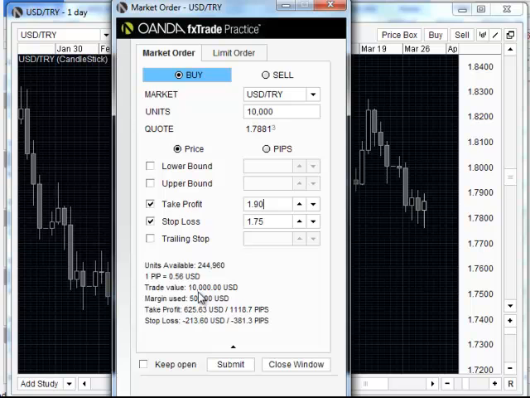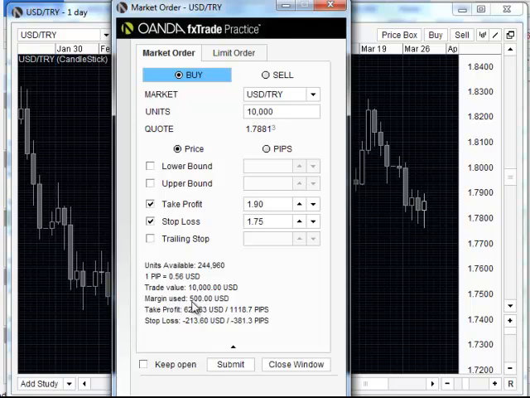But this doesn't mean that you're actually trading $10,000 in this trade, because the broker will require a certain margin on this trade, and the margin depends on the currency pair and depends on the broker. For this particular broker and currency pair, you can see here that the margin required is 5%.